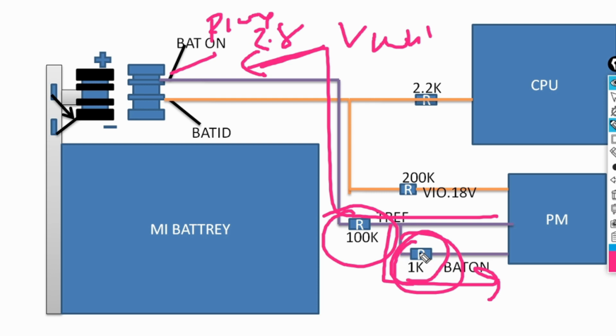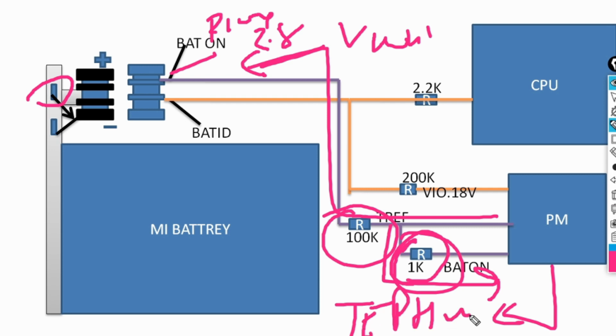If this resistance is open, it means this line is open. If everything is okay, this resistance and the whole line are okay and the divider circuit is working, but if this 1k resistance is open, the PMIC can't sense the temperature. Because of this, it will show a temperature message.